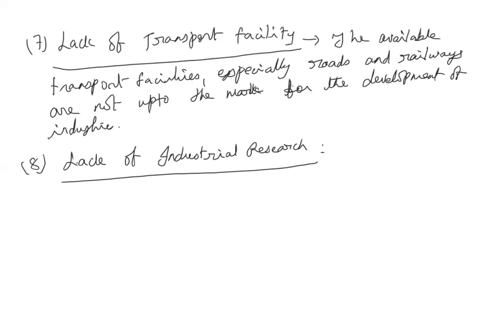The cost of production will keep on increasing. Other countries, because of continuous research, are using all the modern methods of production. But because of lack of research in our country, we are not able to use modern technology or make any invention. So we are using outdated techniques of production, and the cost of production will keep on increasing.